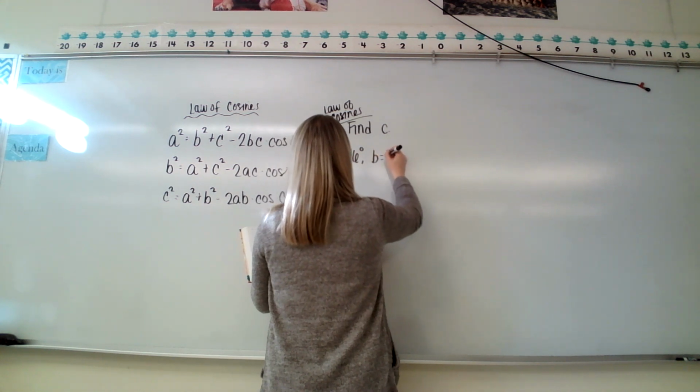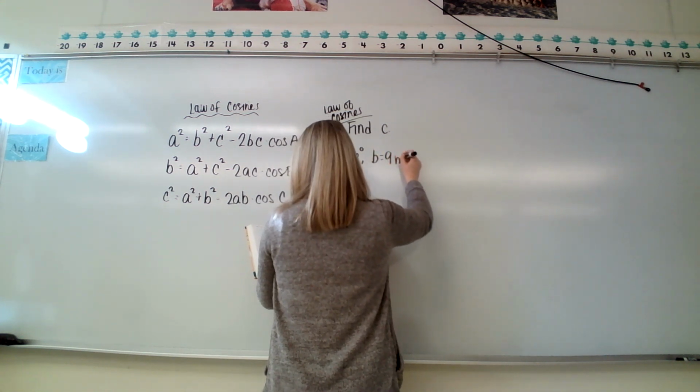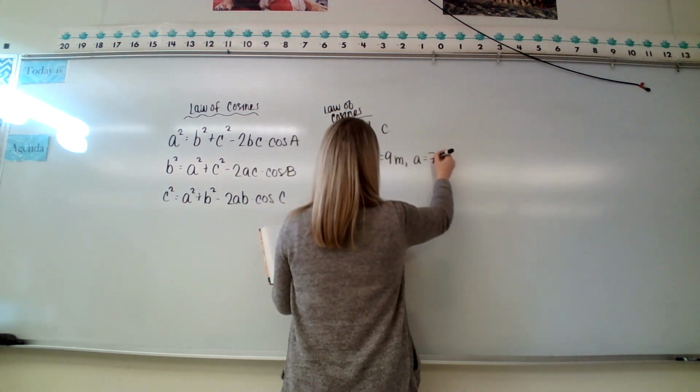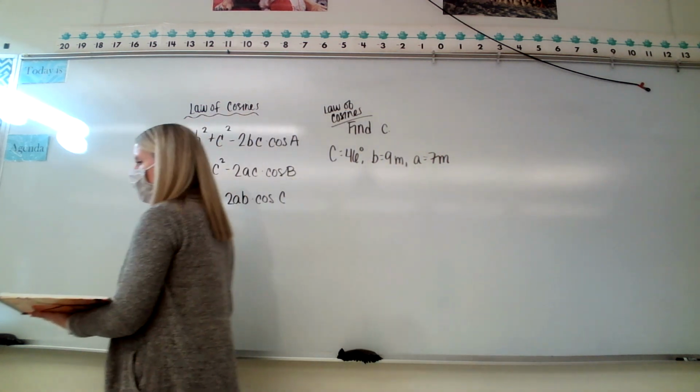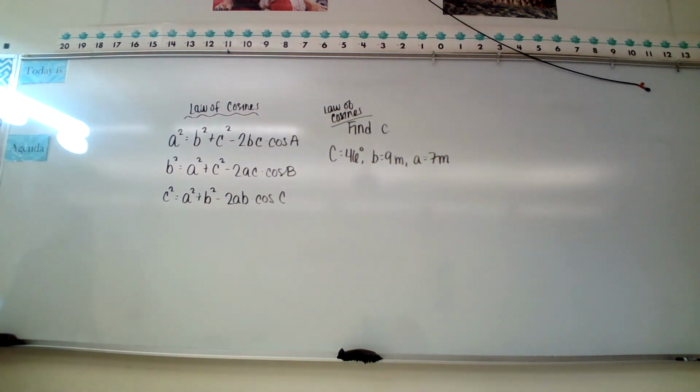B equals 9 meters. All right, so to the best of your ability, given that information, what version would you use? That's the first thing. Once you have that version, can you plug in what you know? And then once you plug in what you know, 99% of it is your calculator, can you throw it in your calculator and try to find what you do not know, which is side C?